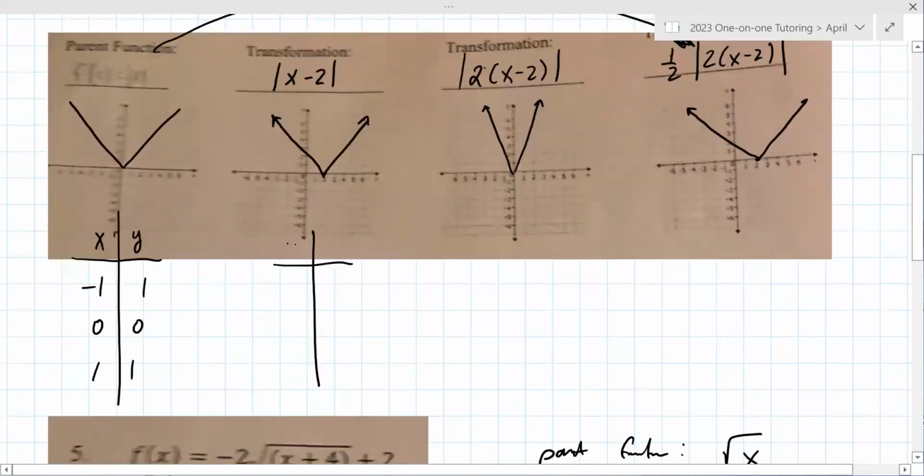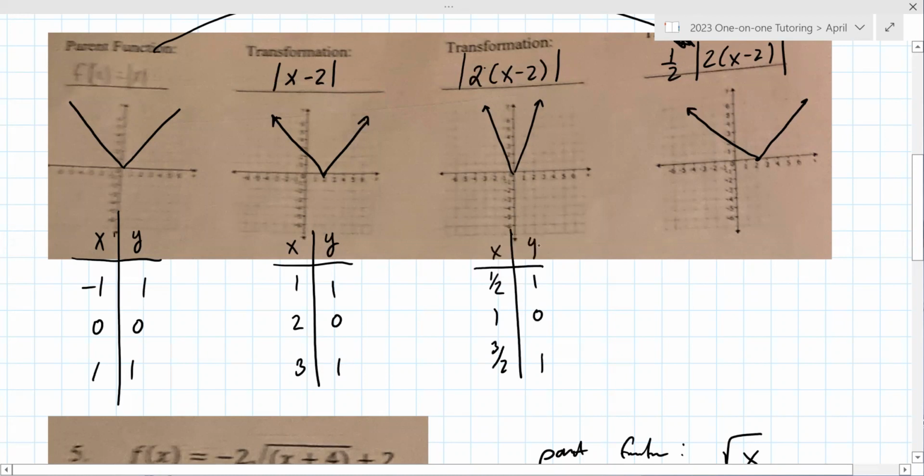Okay, so that's only affecting X, 1, 2, 3. And then should I just keep going with the theme of the X and divide them by 2 as well? You do divide them by 2 here, yeah. So that's where it's like, well, should you have maybe chosen those values? That's a good question.